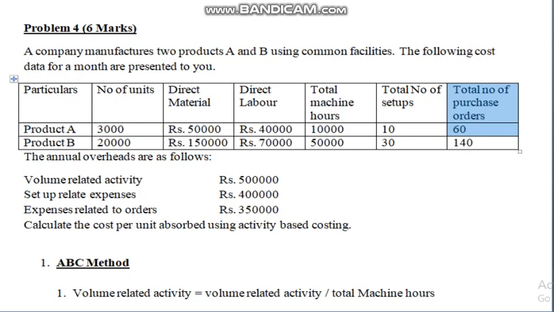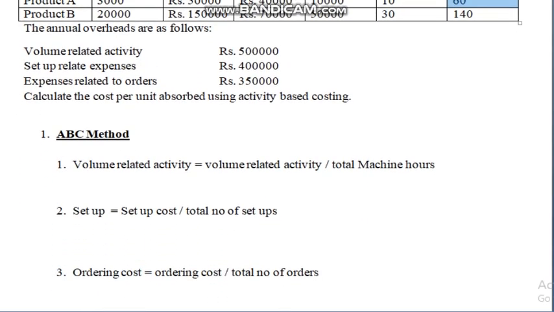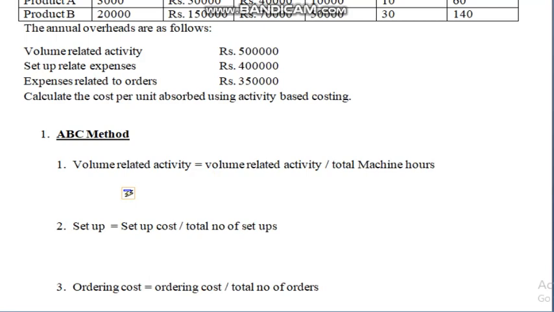Now in ABC costing, first calculate the activity driver rates. There are three activities given. The first activity, volume related activity: the formula is volume related activity divided by total machine hours. Volume related activity is 5 lakh rupees, divided by total machine hours.